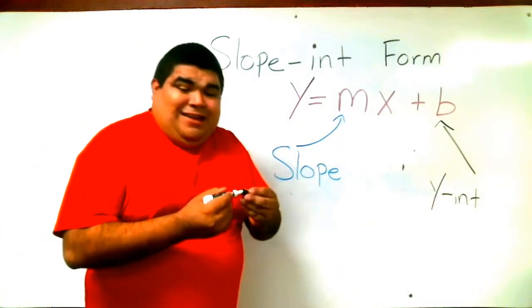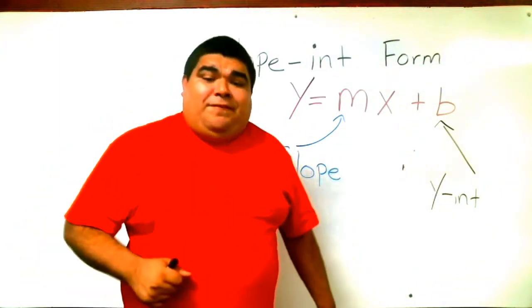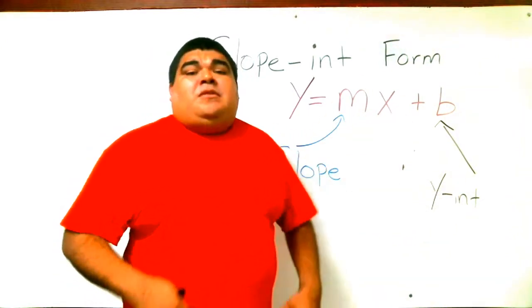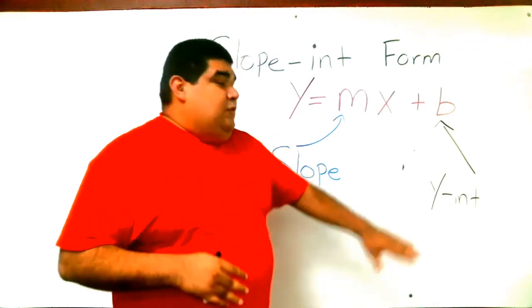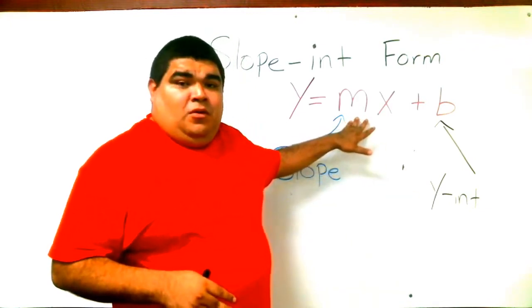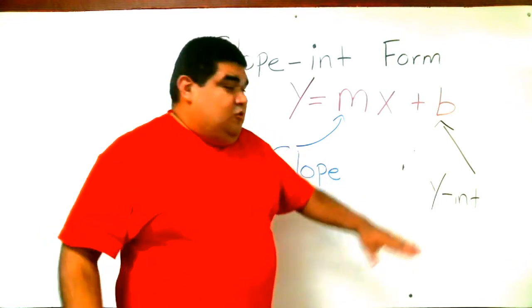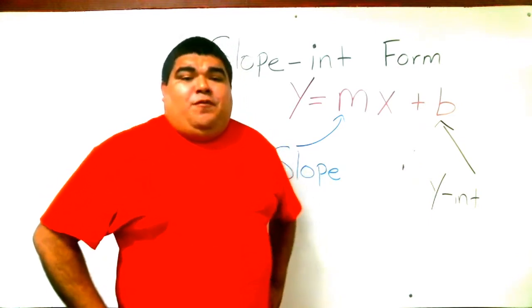So we need to find the b in the equation in order to graph this formula, okay? The way we're going to find it is, once we have the slope, we can use one of the coordinates from the equation to solve for b, okay? So let's start on the example for today.